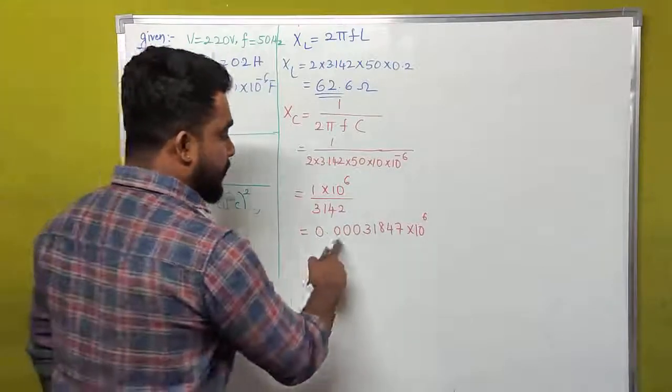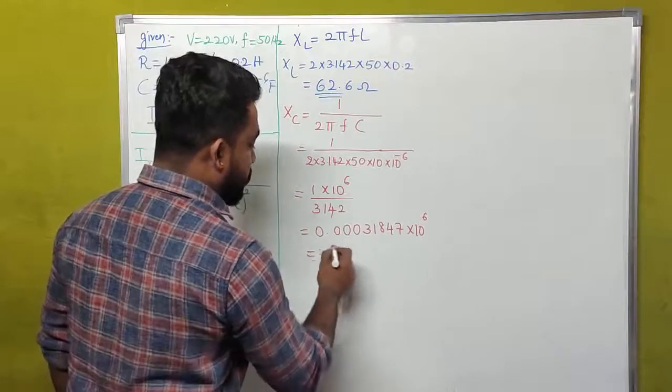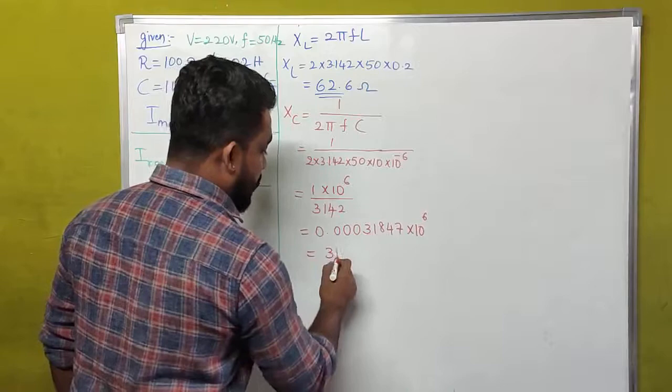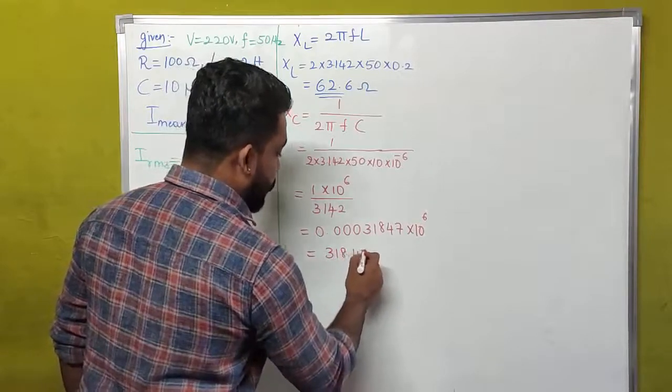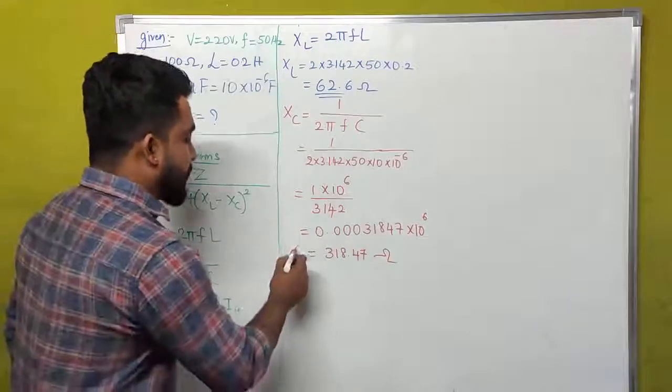If we shift this point to the next 6 numbers, then what we will get? That is 1, 2, 3, 4, 5, 6. 318.47 ohms. This is the value of capacitive reactance.